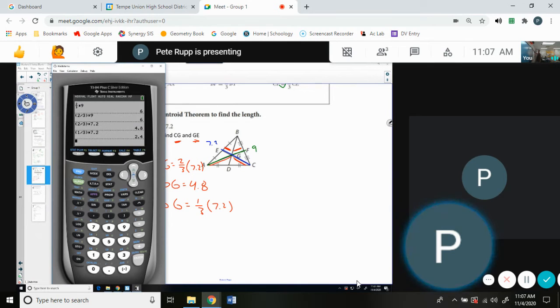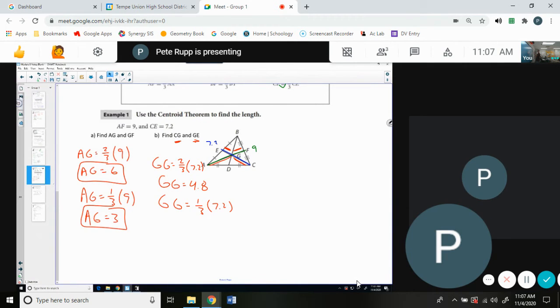And that gives me 2.4. I'm sorry, I labeled this one wrong. That should be GE. So there's GC. This one should say C. My writing is sloppy there. So GC or CG, either way, doesn't matter, and GE.